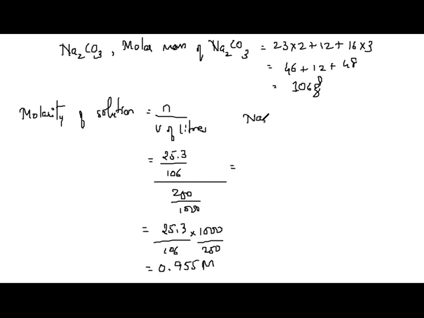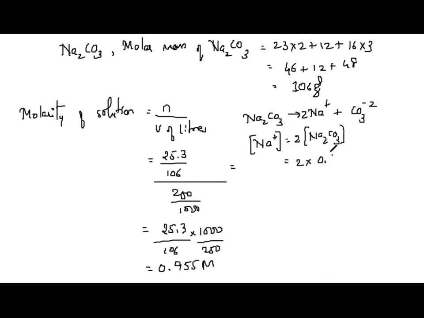They are saying Na2CO3 dissociates completely to give Na plus ions and CO3 minus 2 ions. Balance it like this. So if I want to find the concentration of Na plus ions, it is twice the concentration of Na2CO3. So I can write 2 into 0.955, which comes out to 1.910 molarity.